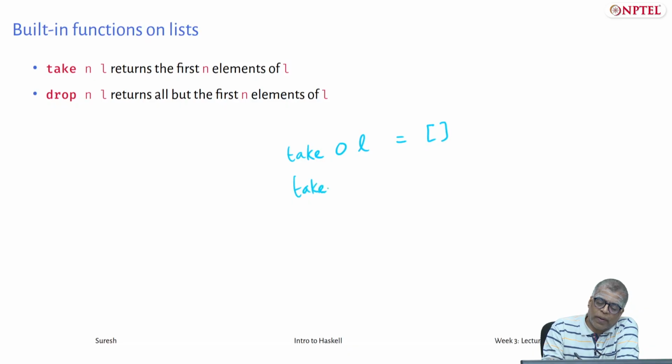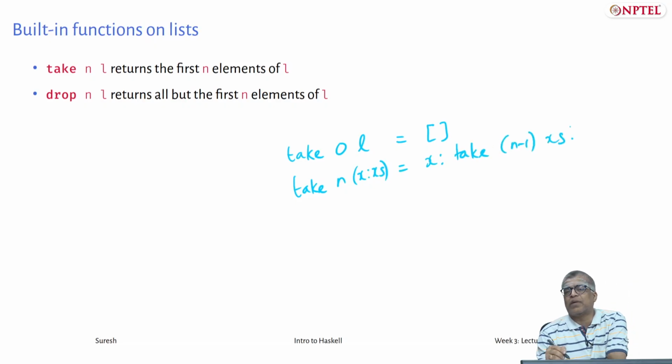Take of n, take n of x colon x's is nothing but x followed by take n minus 1 of x's. This is the basic pattern, but there are some issues. Maybe I asked you to take the first 10 elements of a list, but the list only has 5 elements. So what do you do then? Okay, so these are all cases that one needs to handle.